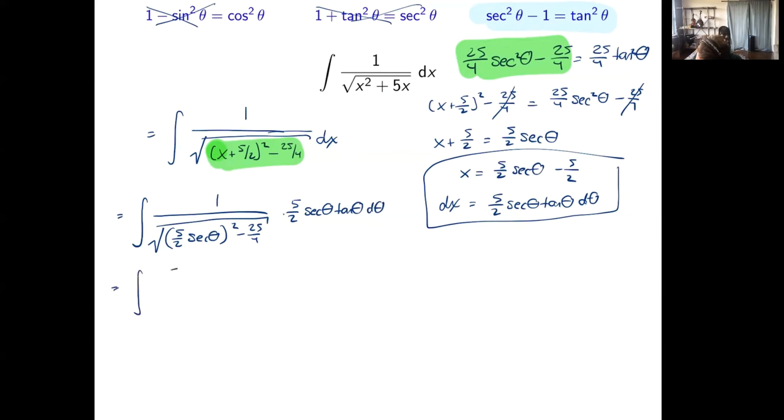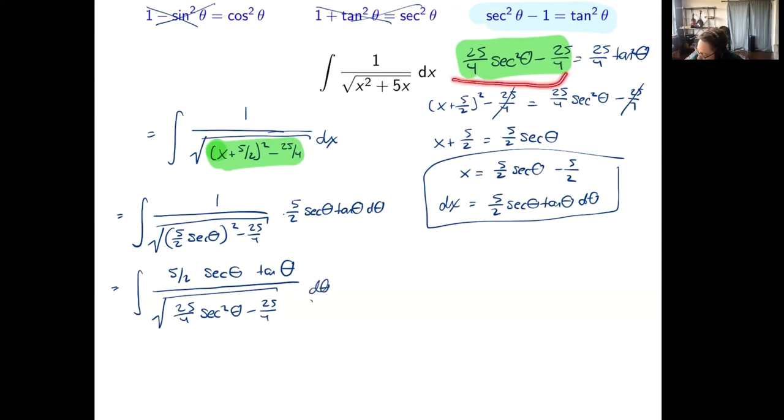So I've got 5/2 times secant theta times tangent theta in my numerator. Underneath this square root, I have 25/4 secant squared theta minus 25/4. Good, I got what I wanted to get. This can turn into 25/4 tangent squared theta.